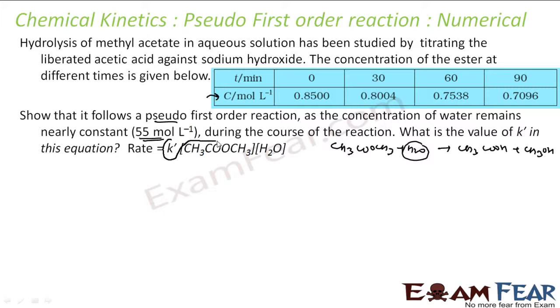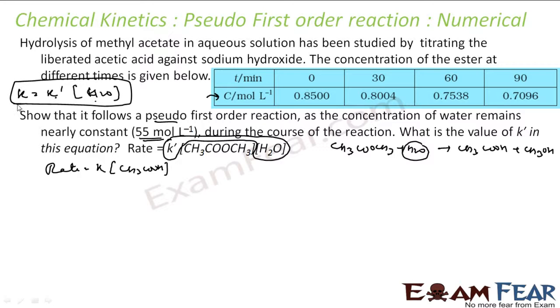Now since it is a pseudo order reaction, I am assuming that water concentration is almost constant. So K dash into water will be almost the same, and that I can say as nothing but, let's suppose, K into CH3COH, where my K is nothing but K dash into concentration of water.